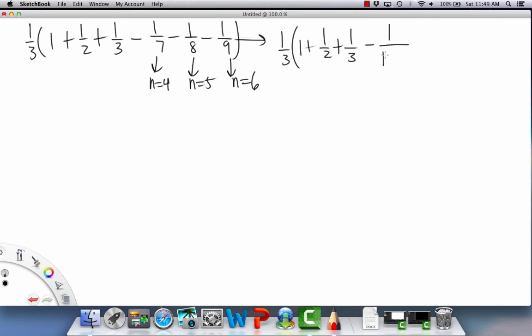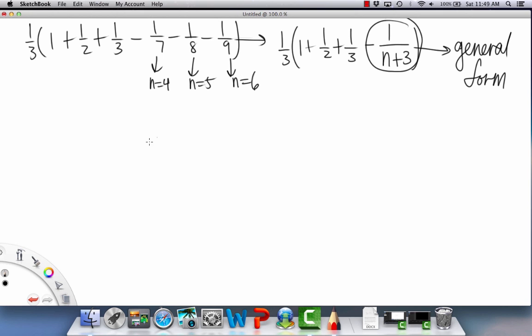Okay, so what we actually have here is something like this. This is going to be the general way to write all of the following terms as n equals 4 and above. So what we can conclude from that is that this is our general form.